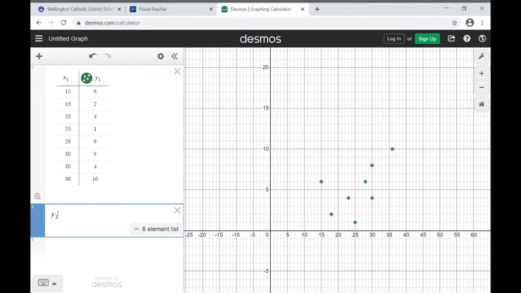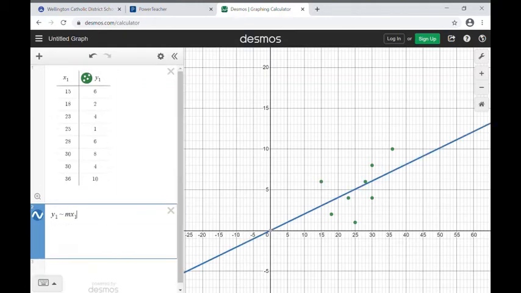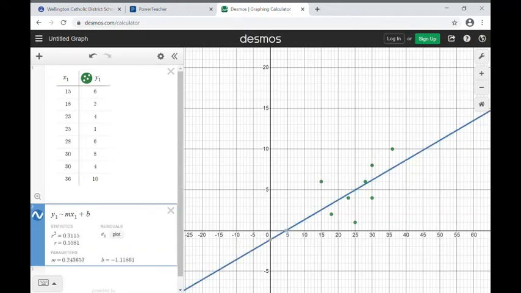So it's y1 squiggly line. Now the 1 refers to, see how it says a 1 up here? That data range. Sometimes it might not work, and if you have a y2 up top, that's y. The linear equation y1 ~ mx1 plus b. And that gives us our r value here and our r squared value.